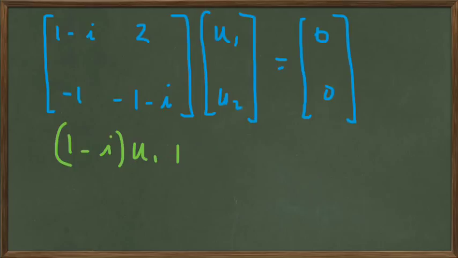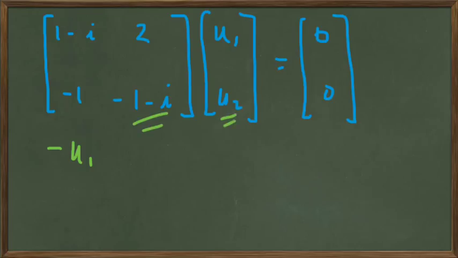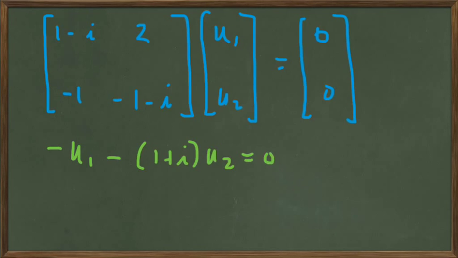because if we take the second equation, we won't have to divide by 2, so we won't have any fractions. So we get minus 1 times U1 minus, and then that times u2, so it's plus, but there's a minus we can factor out. 1 plus I u2 equals 0.